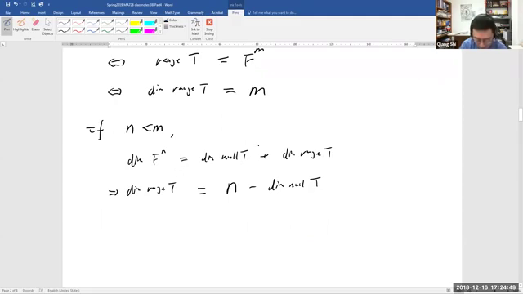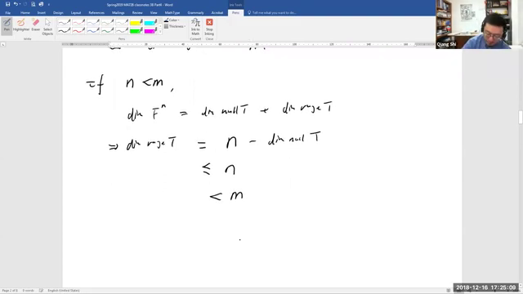So this tells you the dimension of range T is at most n. Null T can be 0 or can be bigger, so this is less than or equal to n here. But n is strictly less than m. So that's kind of the same as our argument for the previous corollary 2 there. And so, but m is equal to the dimension of Fm.